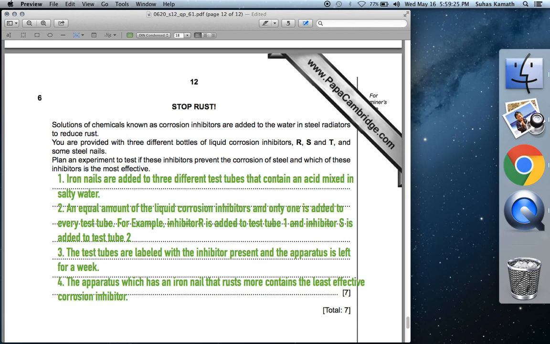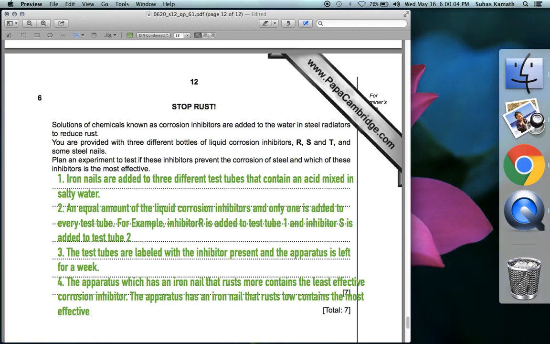The apparatus that has an iron nail that rusts less contains the most effective inhibitor.